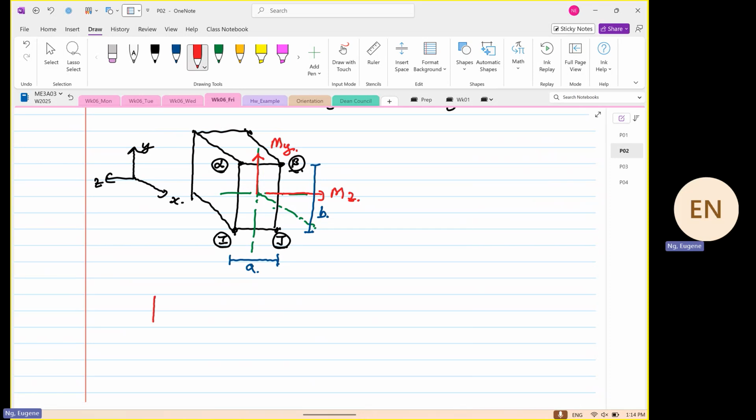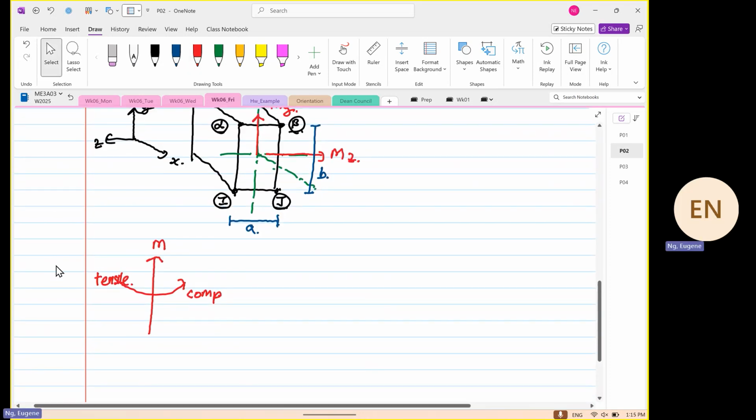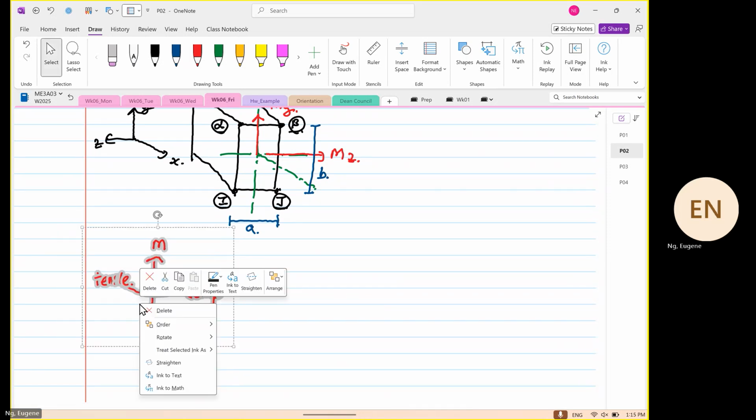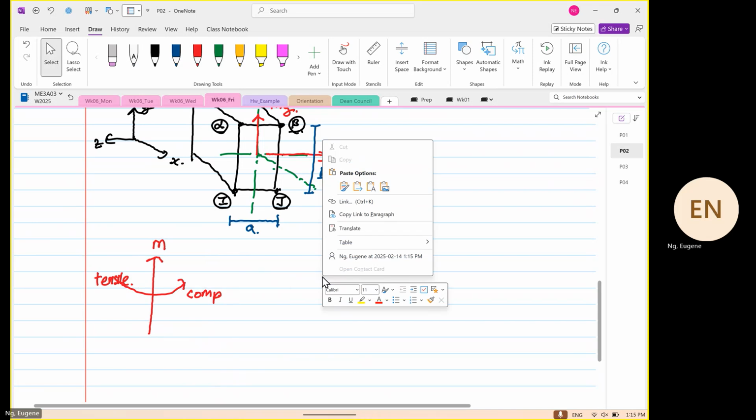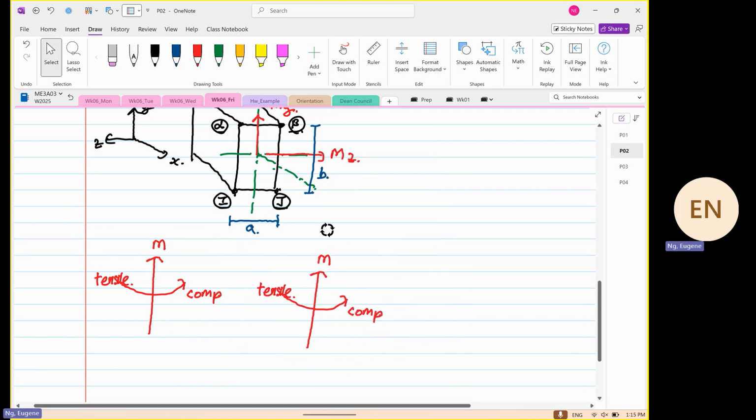So a good thing to do is we are going to use our right hand rule. And I want you to do this. If this is our moment, and we use our right hand rule, this is known as compression. This is known as what? Tensile. Okay. So when we have that, I'm going to rotate.